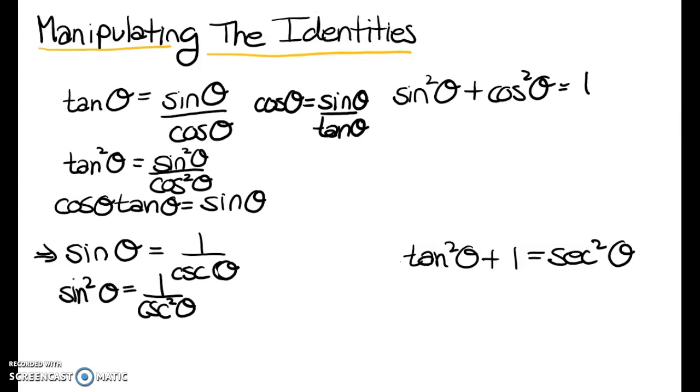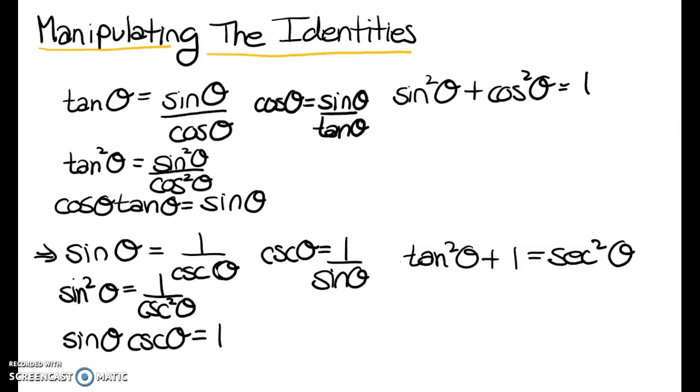I can cross multiply and get sine of theta cosecant of theta equals 1. I can get cosecant of theta equals 1 divided by the sine of theta. And I can continue and continue with manipulating that as well.